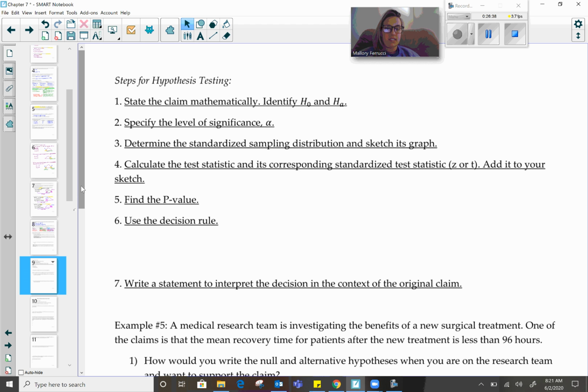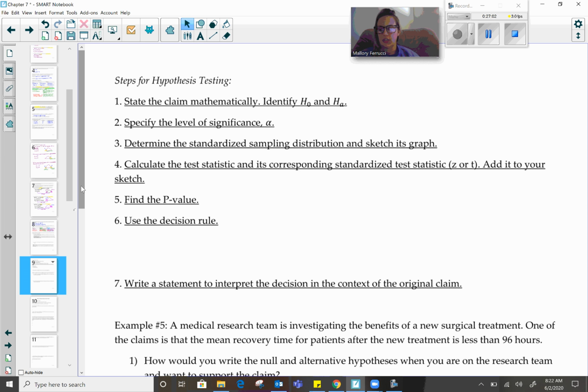Write down your level of significance. Determine the standardized sampling distribution and sketch its graph, so that's the Z or the T. Calculate the test statistic and its corresponding standardized test statistic, Z or T. Add it to your sketch. Find the p-value. And then you're going to use the decision rule.